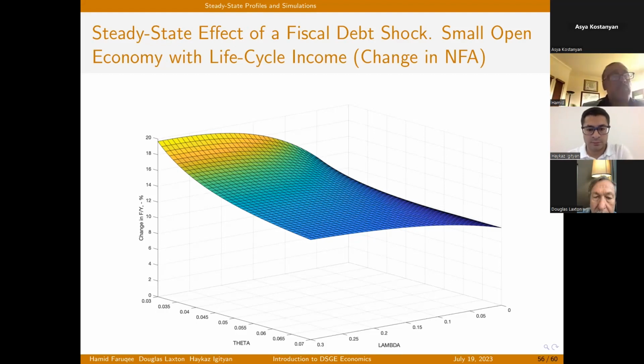The role of capital mobility in both the dynastic case and the life cycle income case leaves you with some fairly sizable non-Ricardian properties in the model in either version of the overlapping agents framework. Next slide, please.